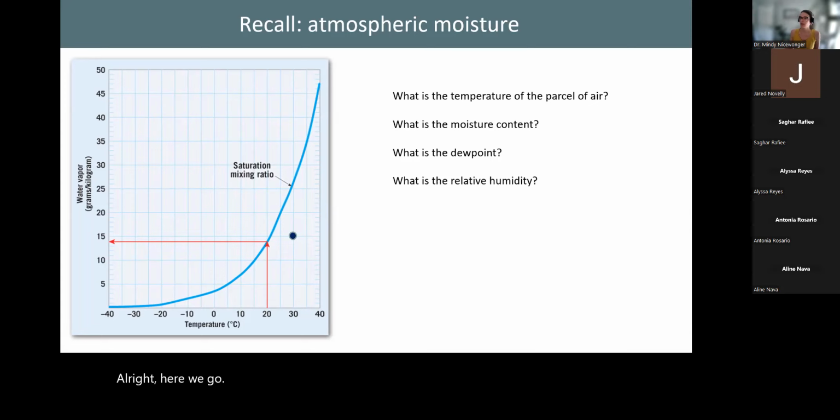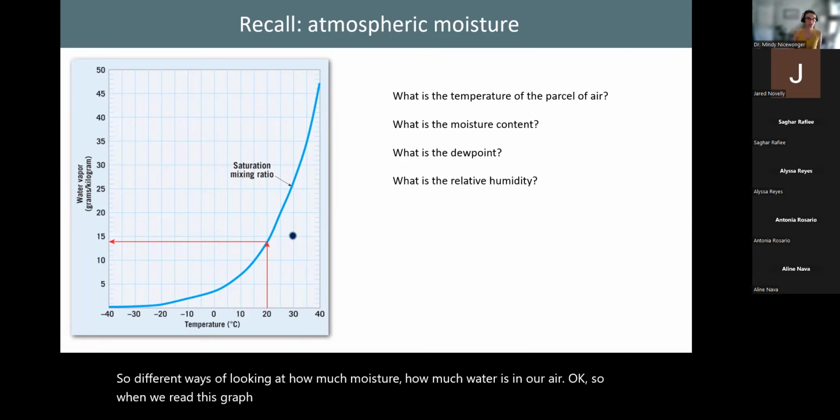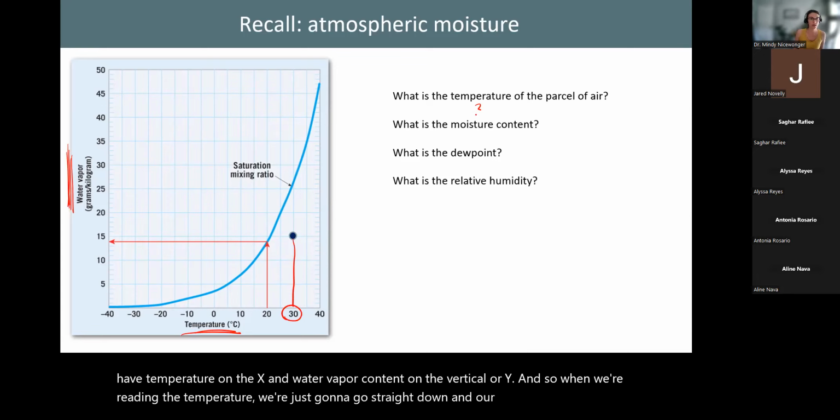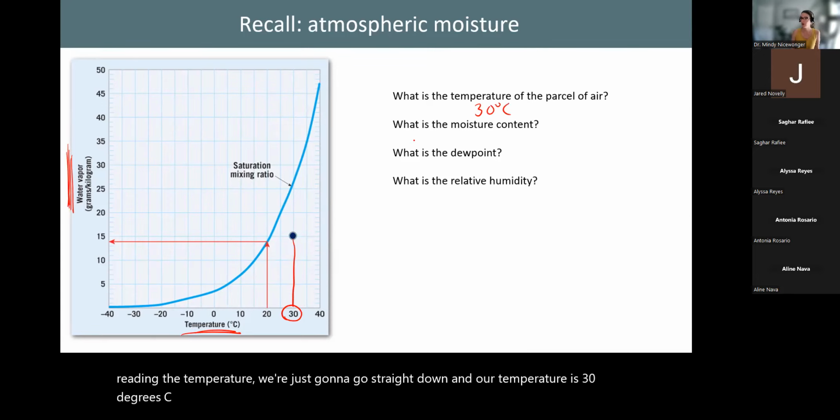So there are different ways of looking at how much moisture, how much water is in our air. Okay, so when we read this graph, what is the air temperature of the parcel? Well, there are two axes. We have temperature on the X and water vapor content on the vertical or Y. And so when we're reading the temperature, we're just going to go straight down and our temperature is 30 degrees C. Great.